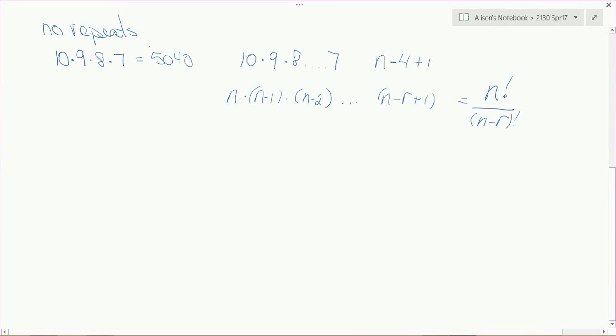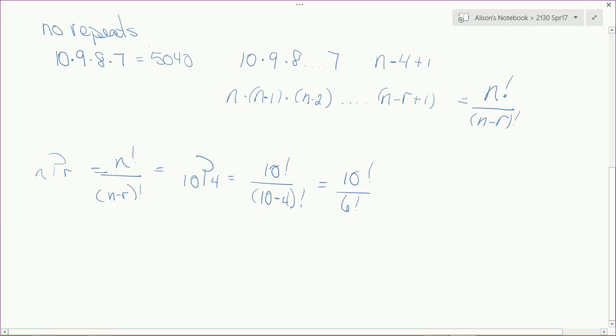I can represent this as n permutations of r with the same value of n and r. So this is going to be n factorial divided by n minus r factorial. If I have 10 in my population, and I am going to be choosing 4 out of this, this is going to be 10 factorial divided by 10 minus 4 factorial. This gives me 10 factorial over 6 factorial.